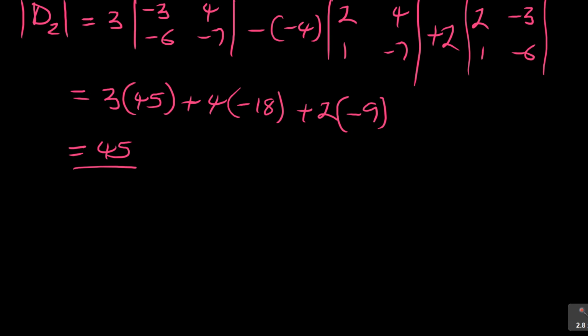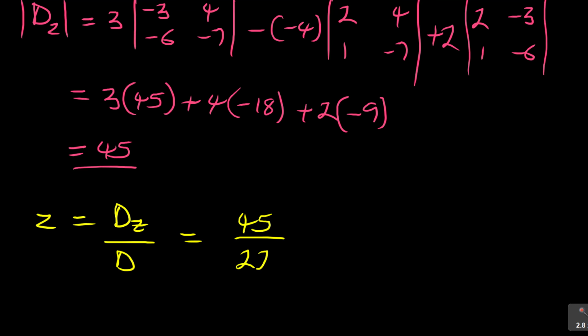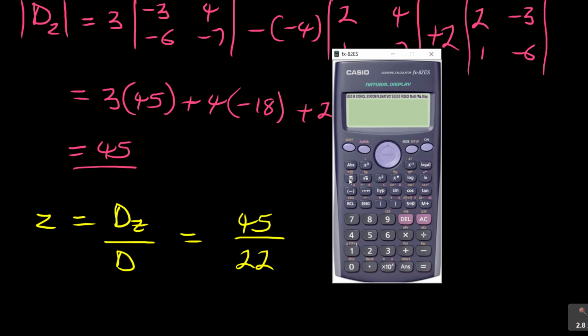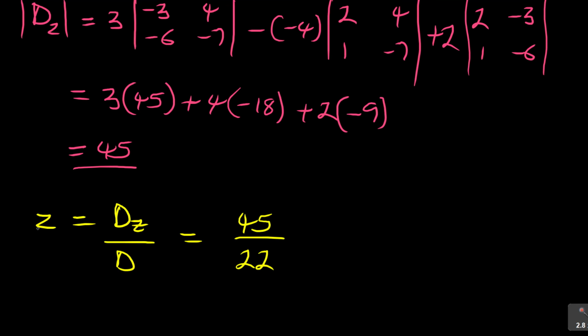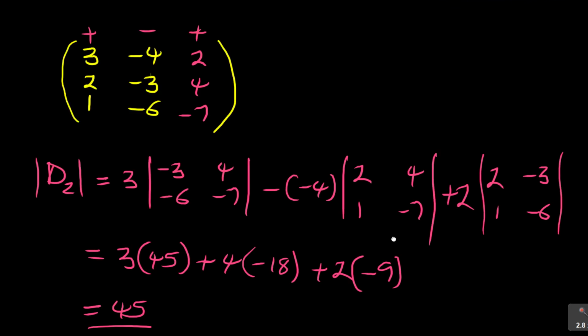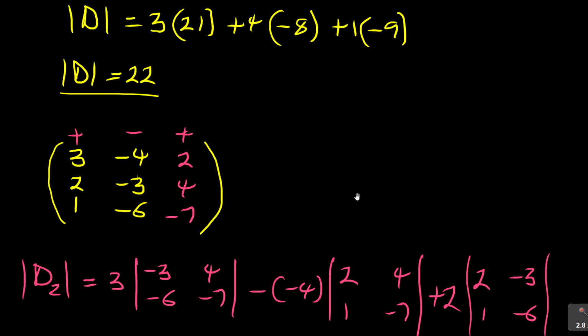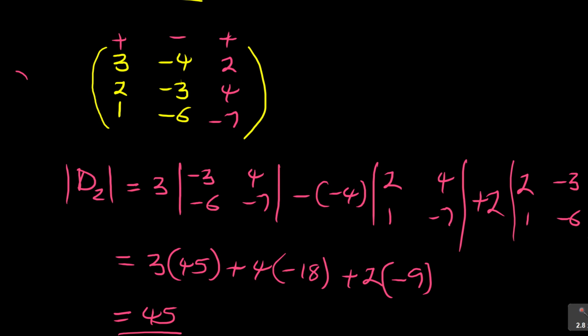So we are going to say the final answer is Z is equal to D of Z over D, which is 45 over 22. If you can simplify that, I think it's already simplified, because 45 over 22 is the final answer. So that is our Z.